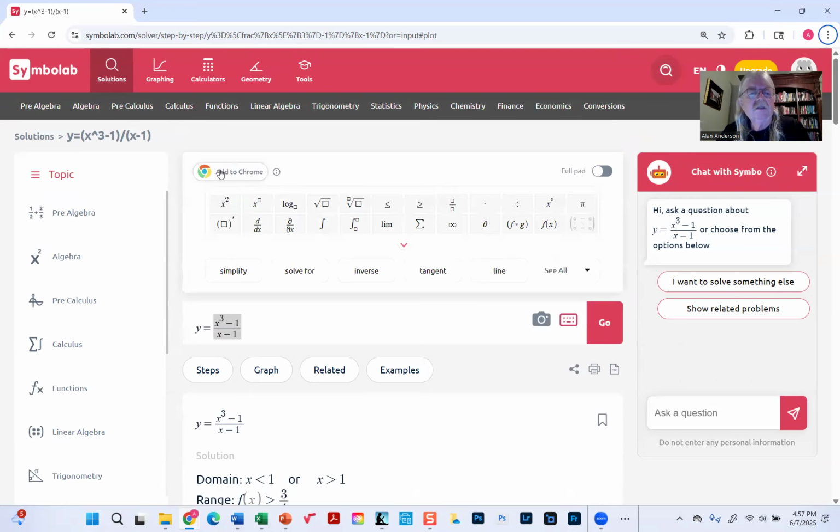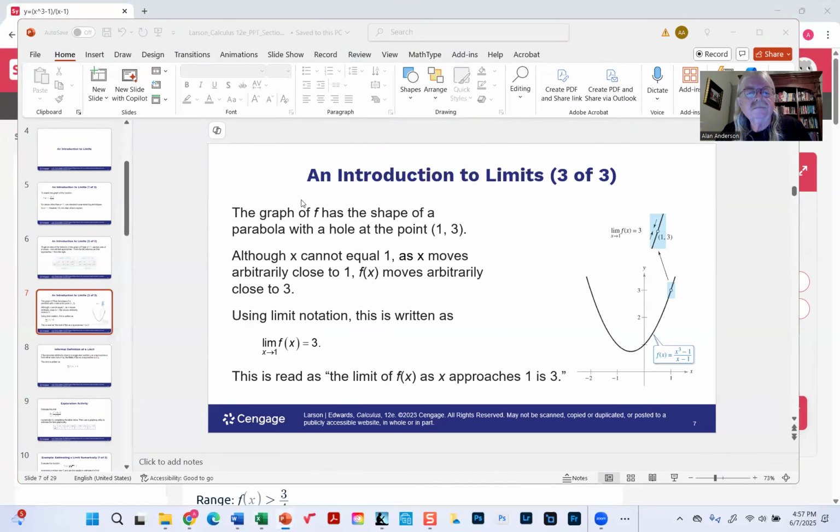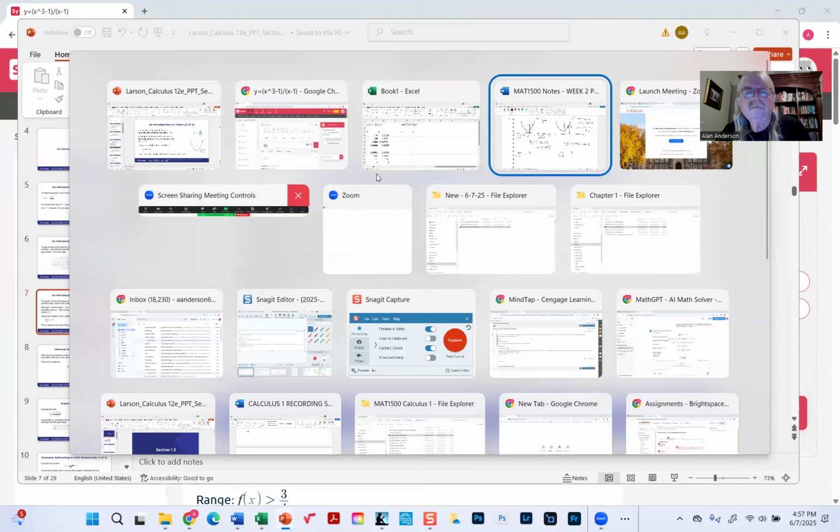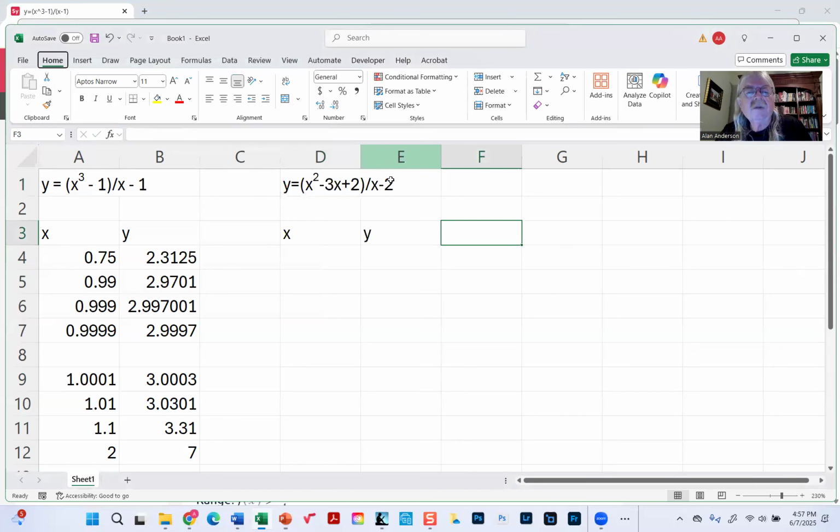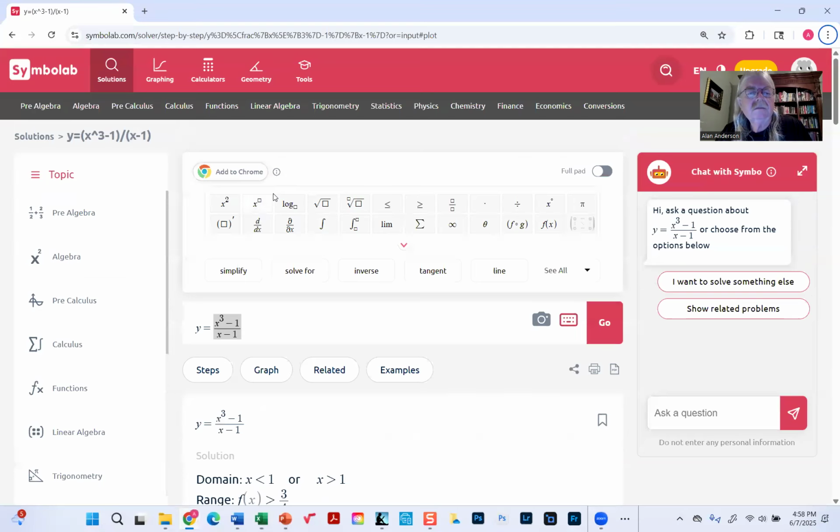So once again, it was x squared minus 3x plus 2 all over x minus 2. Very good.